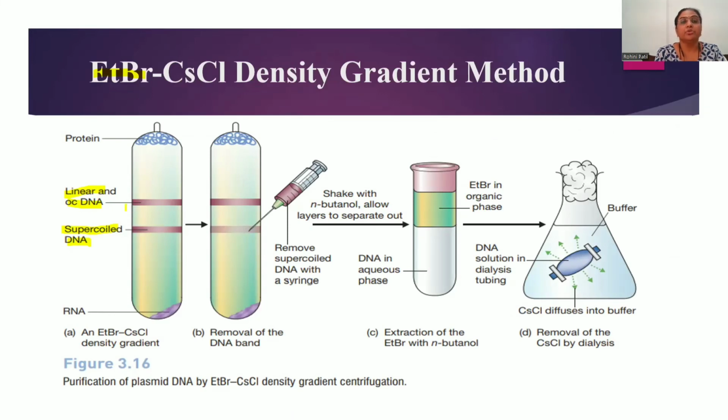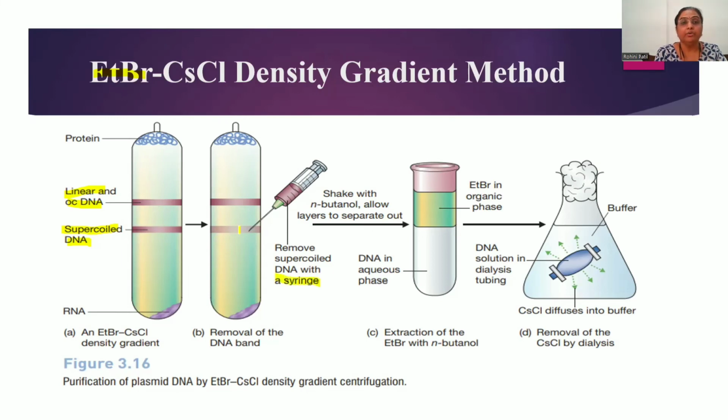With the high decrease in band density, that band moves upward, and the supercoiled DNA has the least change in band density. So it is separated from the genomic DNA, and this band of the plasmid, the supercoiled DNA, can be removed with the help of a syringe.